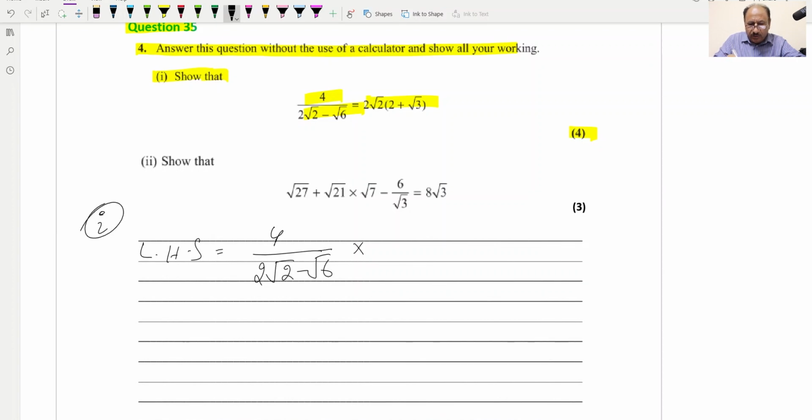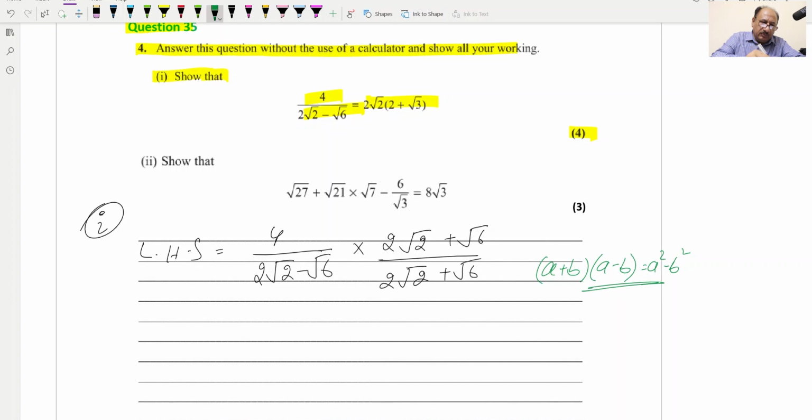We can rationalize. For rationalization we are taking the opposite sign, so we'll take plus, and this will be 2 under root 2 plus under root 6. And now we can apply the formula, which is a plus b into a minus b is equal to a square minus b square.